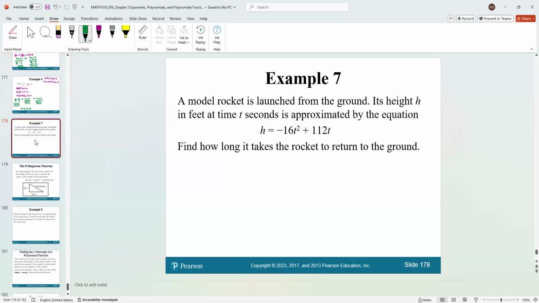Plenty of things. First of all, you need to find how long it takes the rocket to return to the ground. In my upper level class, we will talk about velocity, acceleration and speed.